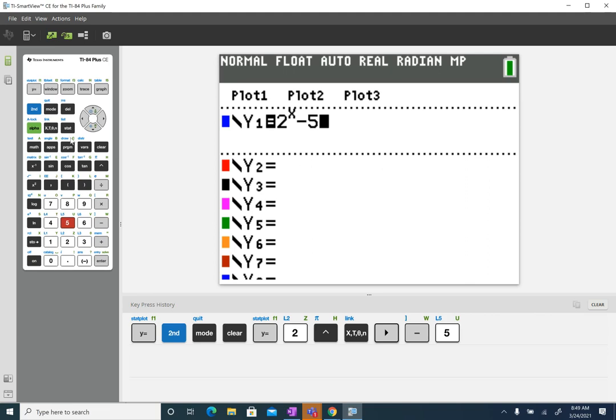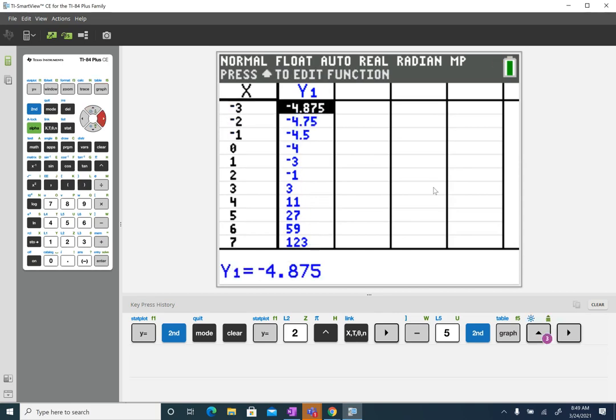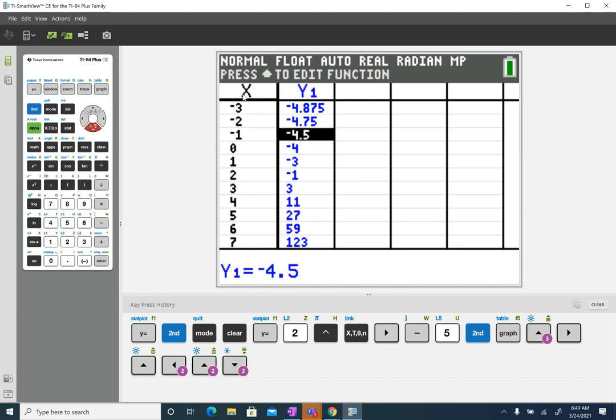The table you do by pressing the second key and then the graph button. So this brings up the table for you. Look at all these different x's that I can choose, and it's going to give me the corresponding y values. So I'm going to take a look as I scroll up and down at what is happening to these y values, and what happens as the x's get smaller and smaller and smaller.